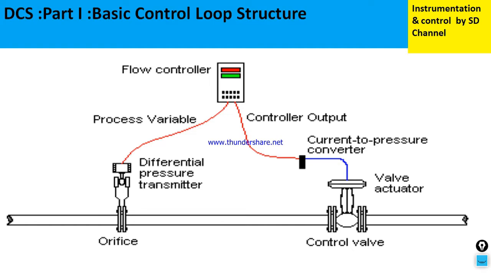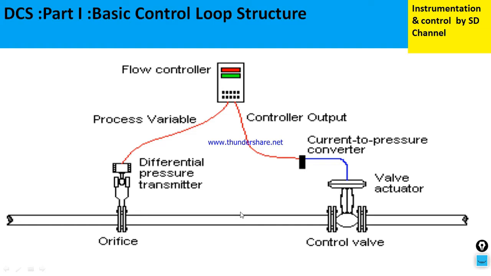For this example, you can see here across a pipeline one object is installed to create the delta P. This is the typical flow control system. This delta P is then measured by the differential pressure transmitter, giving a 4 to 20 milliamp input to the flow controller. Depending upon the PID value in the controller system, it will give the output to your control valve to control the desired flow.